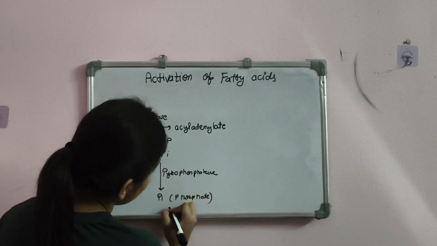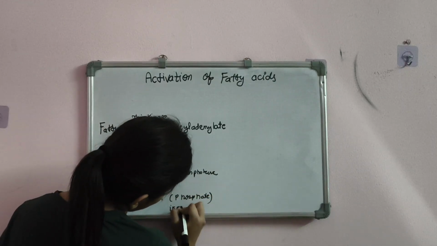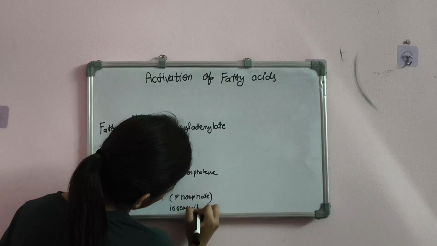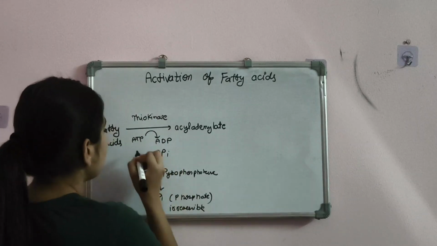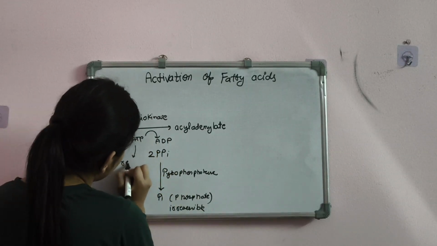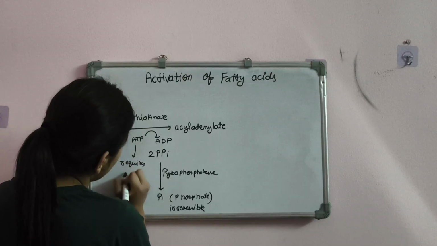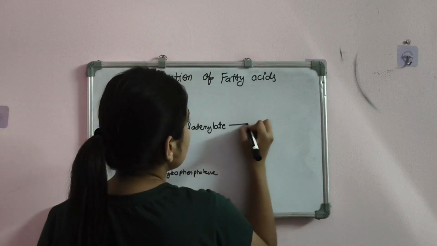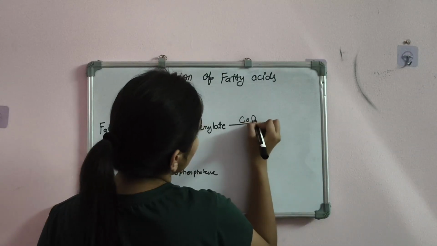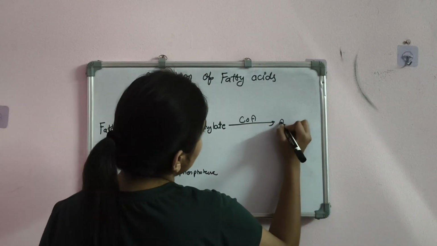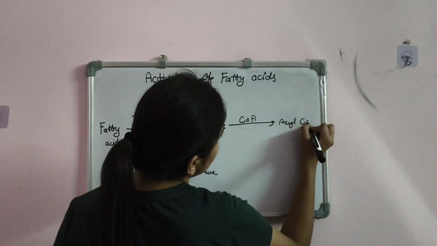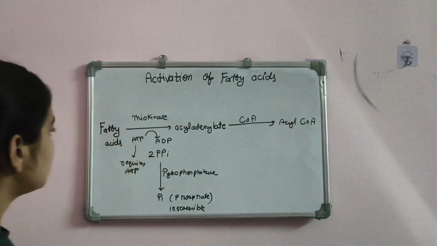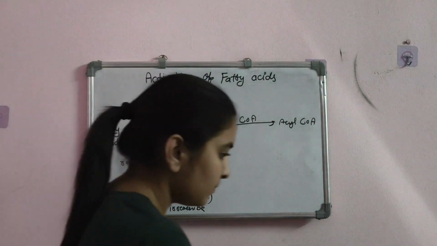So this makes the reaction irreversible. And this is the only reaction which requires ATP. And acyl adenylate is then converted with the help of coenzyme A into acyl CoA. So this is basically the first step.